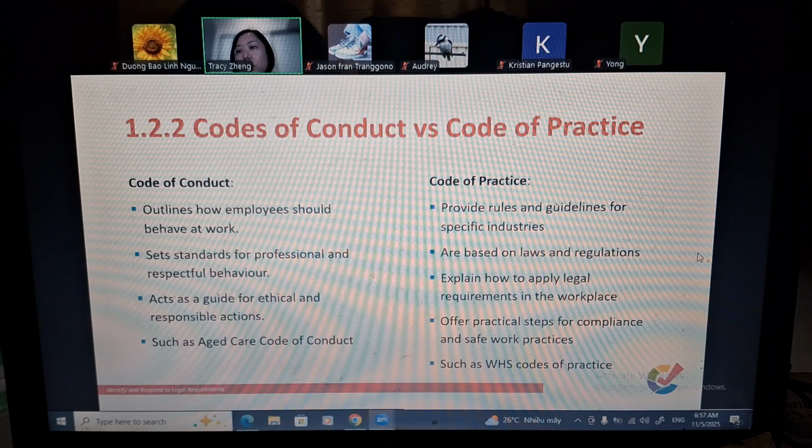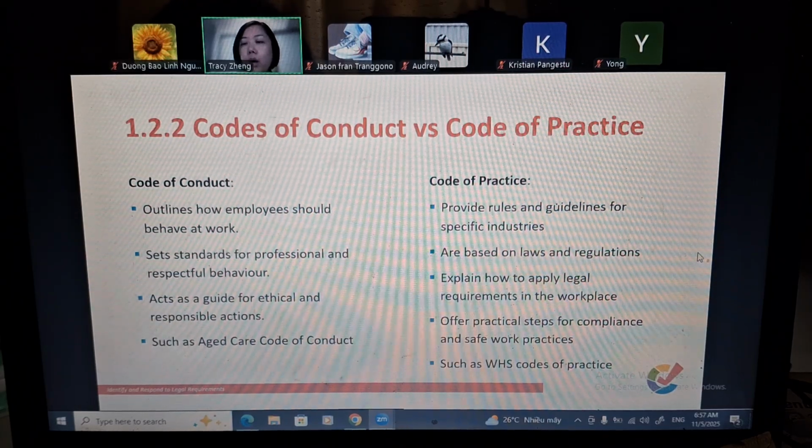But there are more specific requirements, for example in aged care. So the work health and safety code of practice would be one example. In a code of practice, they explain how to apply the legal requirements in our workplace.